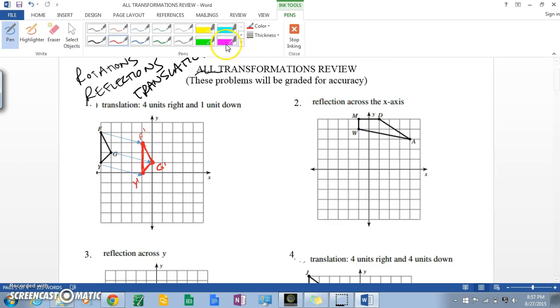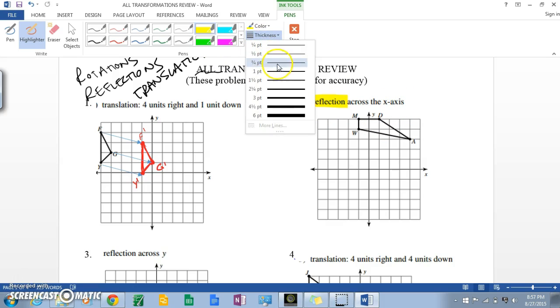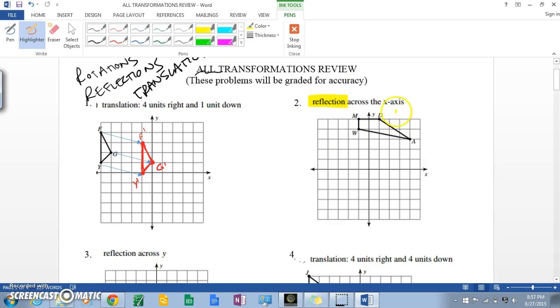Our next one, you see over here, is a reflection across the x-axis. Keep in mind, the first step when you reflect across the x-axis is to highlight that x-axis. You want to tell it where it is reflecting.